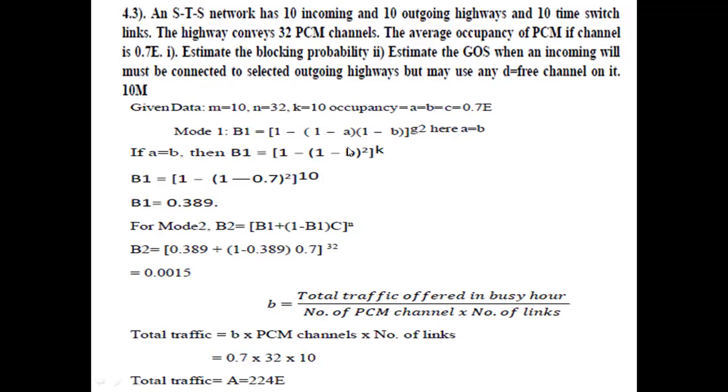Even without calculating the grade of service B1 or B2, you can simply get the total traffic offered, as we already assumed b to be 0.7 and these two parameters are known. You can easily calculate the total traffic of this STS system during the busy hour. And B1 and B2 have been calculated as shown here.